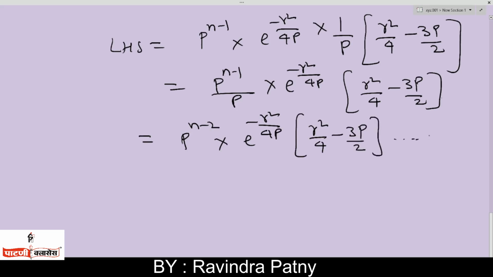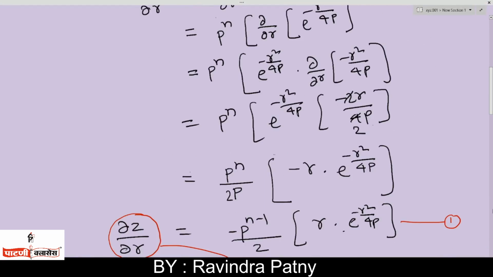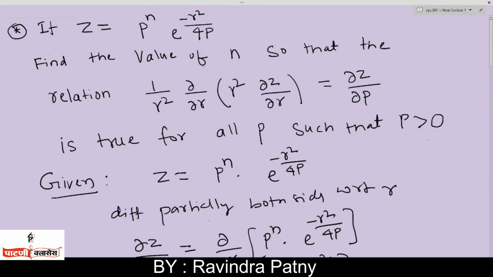Let us call it equation number 2. This is equal to LHS. Now what is RHS? RHS is nothing but dou z by dou p. So we will be finding out dou z by dou p.